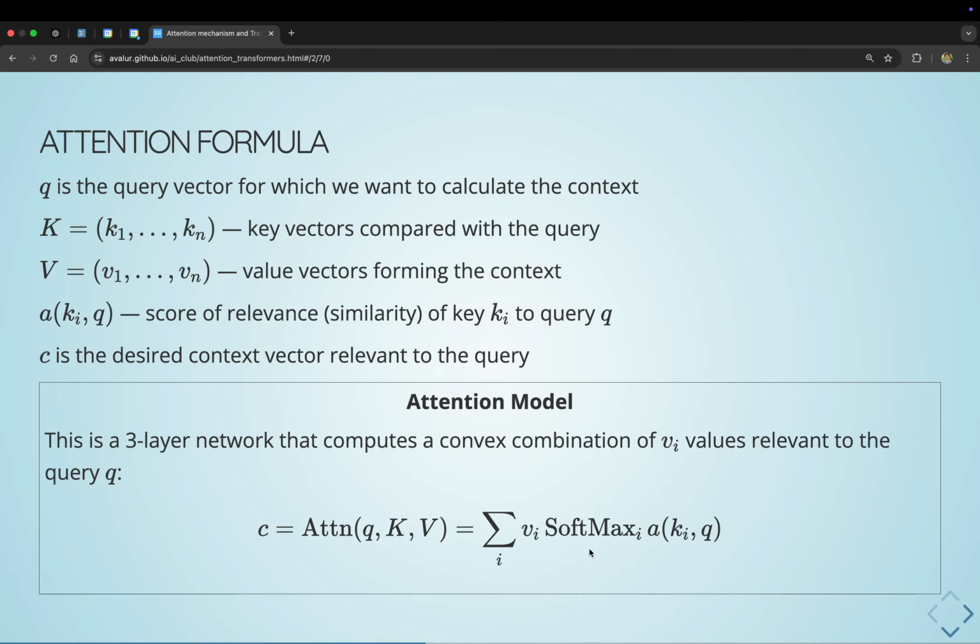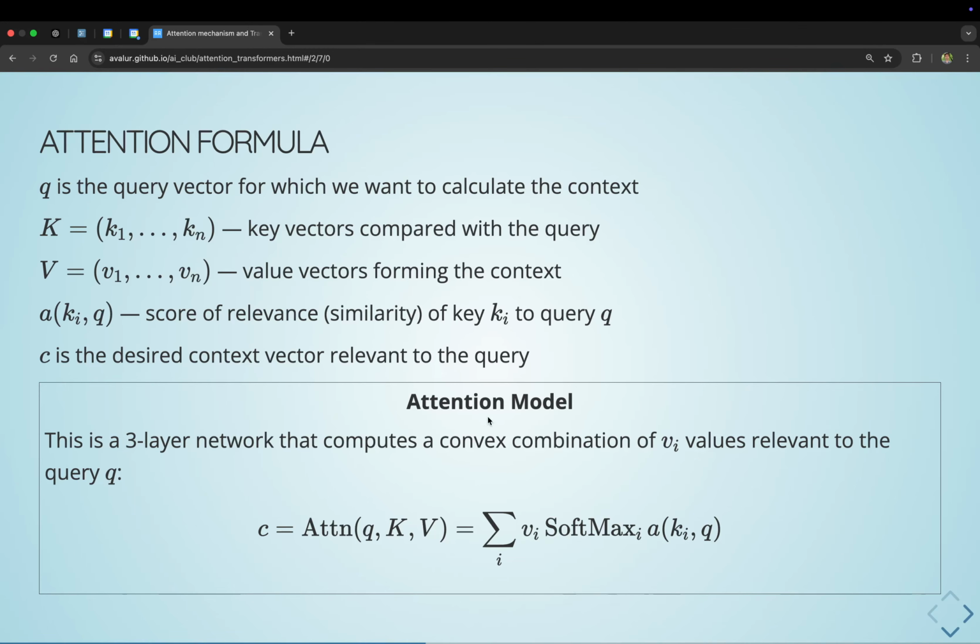So we take weighted sum of all the values to get the context vector C. And this actually is a three-layer network, almost linear network again. So we have dot product inside, but the main part is three linear layers that compute a weighted combination of values relevant to the query Q.